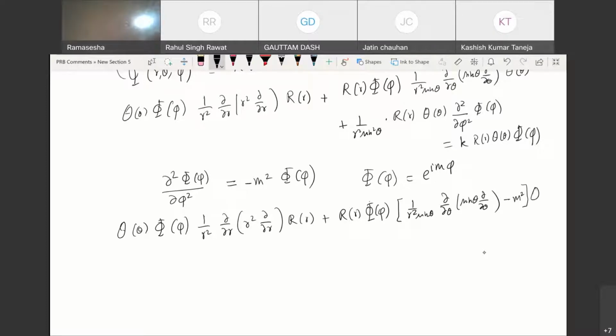Okay, so that should be equal to k times R of r Theta of theta Phi of phi.